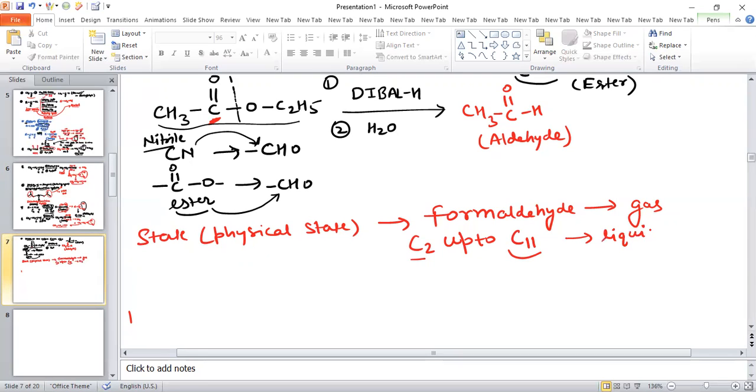For more than 11 carbons, that is for higher carbons, it is present in the solid state. So this is basically the physical state.